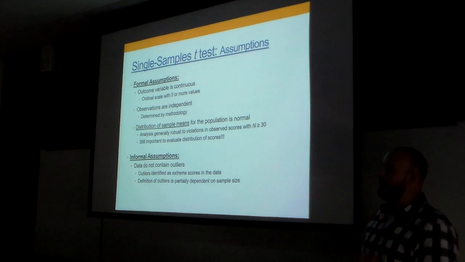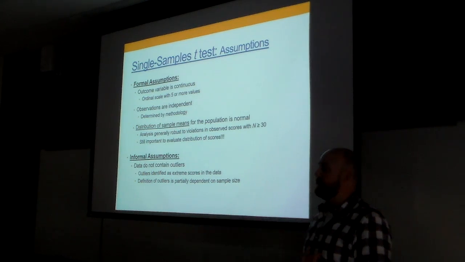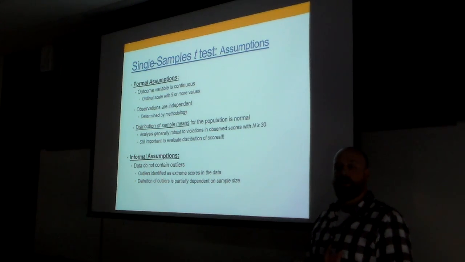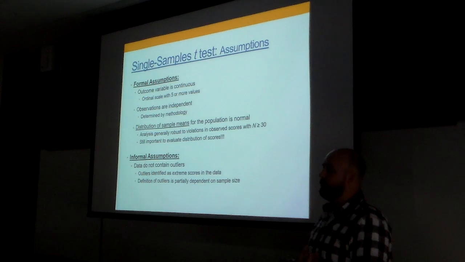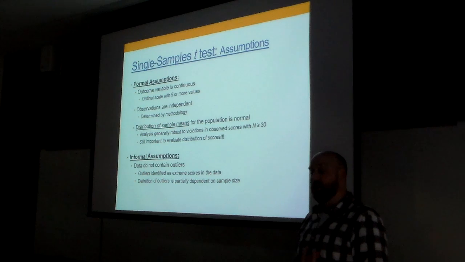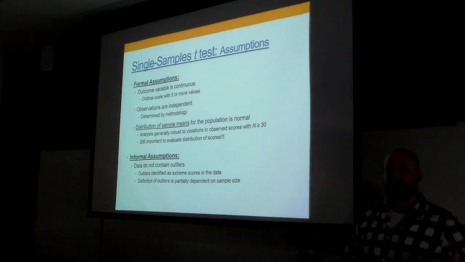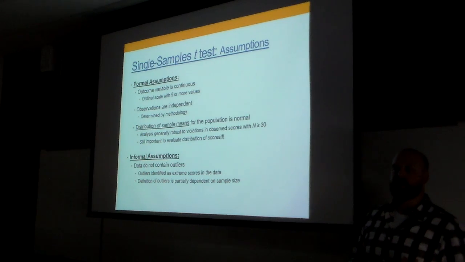And just because it's an outlier doesn't mean it's necessarily problematic. You could have a score that's quite a ways out there, right? But if we've got a sample of 100, how much of a difference is one score going to make in a sample of 100? Probably not that much, right? Particularly if we're using something we typically use in psychology, which is some sort of measure, right?